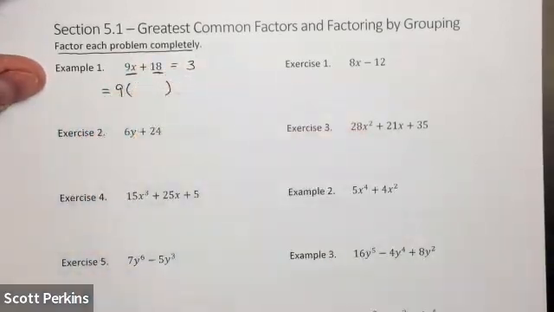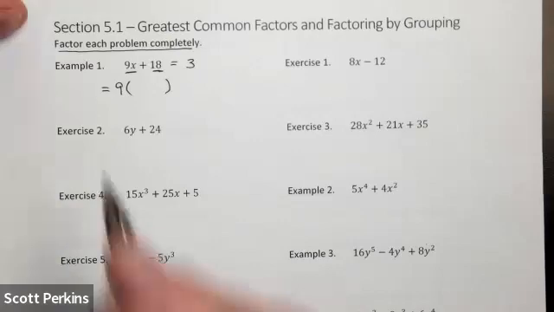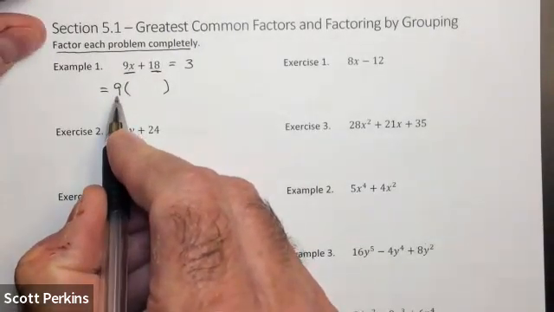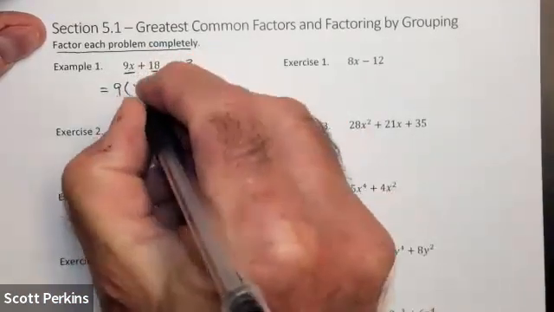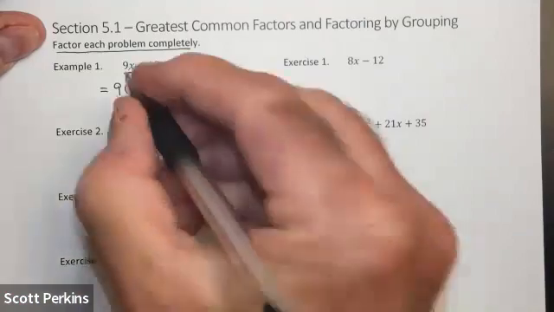What I'm doing here is basically undistributing, or dividing, however you want to think about it. Here's how my brain works on this. I factor out the 9, and this is what I ask myself. 9x divided by 9 leaves me what? X. 18 divided by 9 leaves me 2, positive 2.